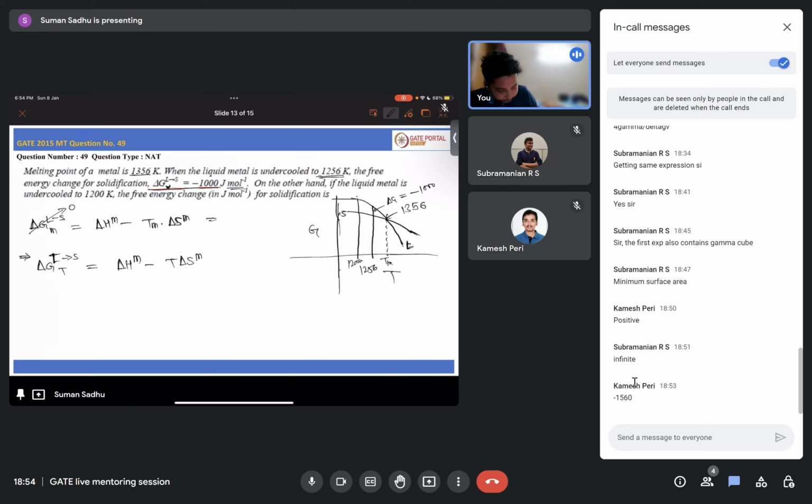So from here you can get that delta Sm is equal to delta Hm by Tm. So your equation will be delta Hm minus T by Tm into delta Hm. If you take delta Hm common, it will be 1 minus T by Tm, so Tm minus T by Tm.